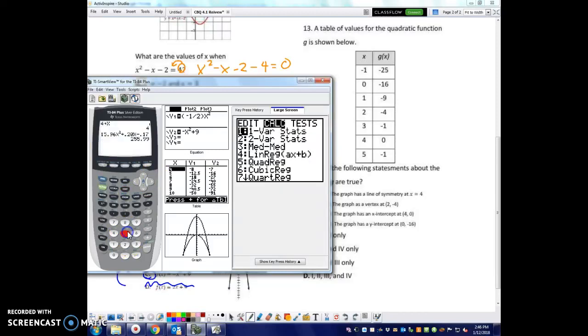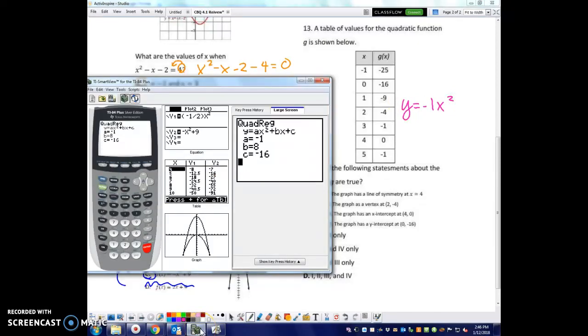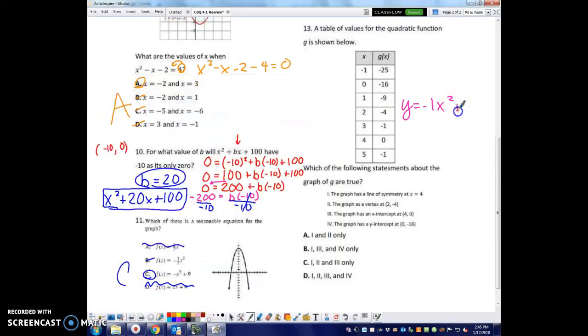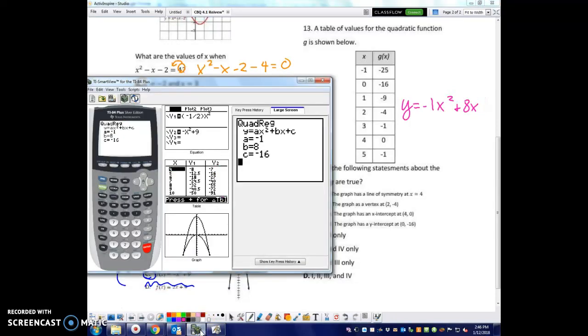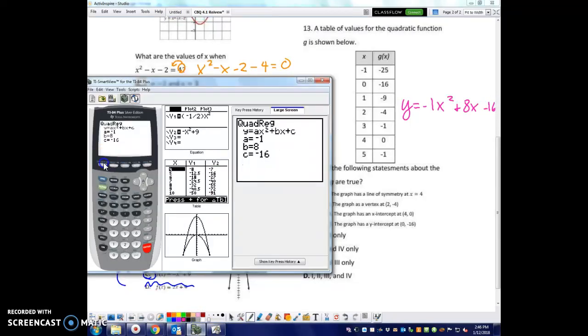Remember, quadratic regression. We want the quadratic. So this is y equals -1x squared plus 8x minus 16. Now we're going to graph it and see what's true about it.